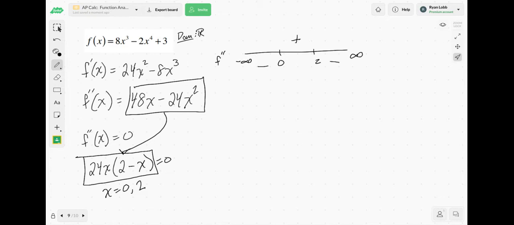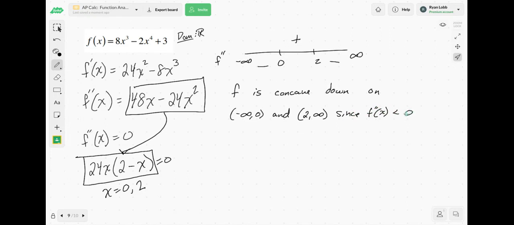And now we'll formalize everything. Okay. So we know where function f is concave down. So we say f is concave down on the intervals negative infinity to 0 and 2 to infinity, since f double prime of x is less than 0.